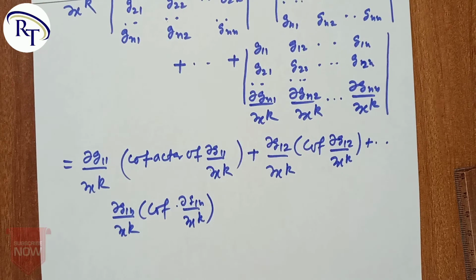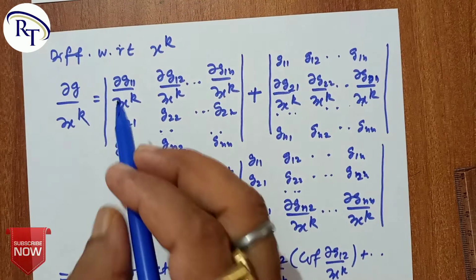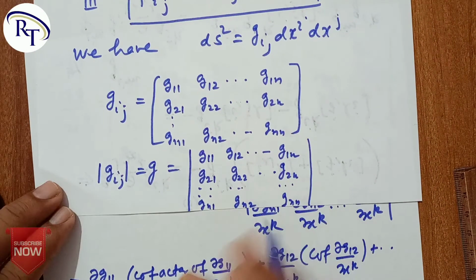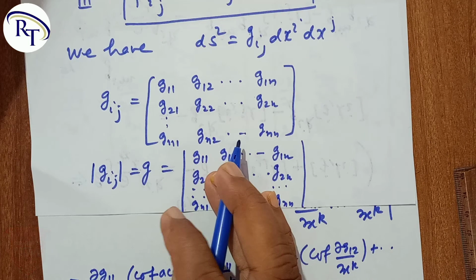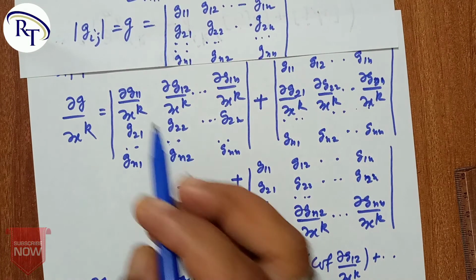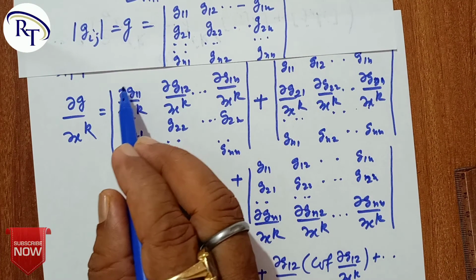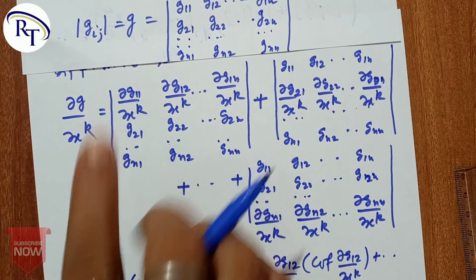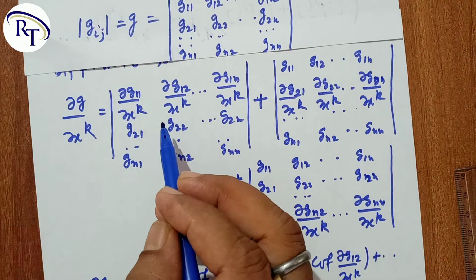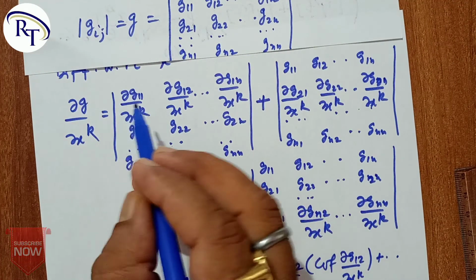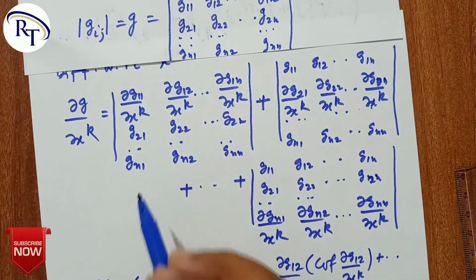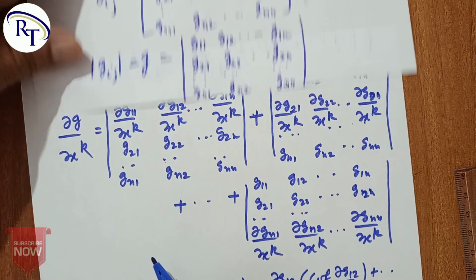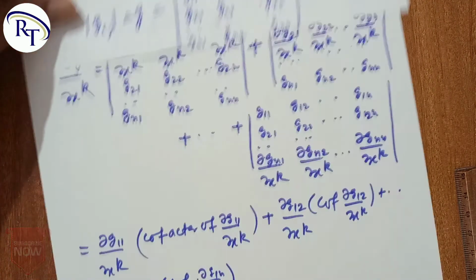So here we see that the cofactor of ∂G11/∂x^k is nothing but the cofactor of G11. Because if we calculate the cofactor of ∂G11/∂x^k, we drop this row and this column, and similarly for the cofactor of G11, the same thing.